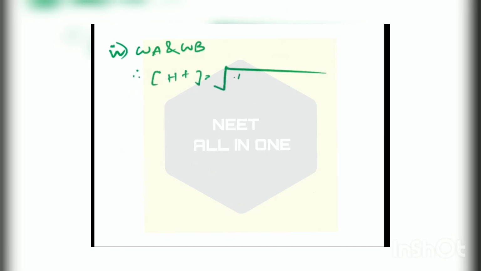Now for the fourth case. The fourth case is of weak acid and weak base. Okay, so let's write it: weak acid and weak base. For this we only get its H plus value, that will be the square root of Ka1 C1 plus Ka2 C2.